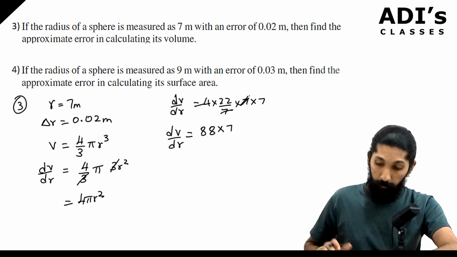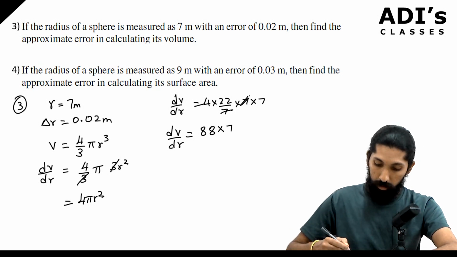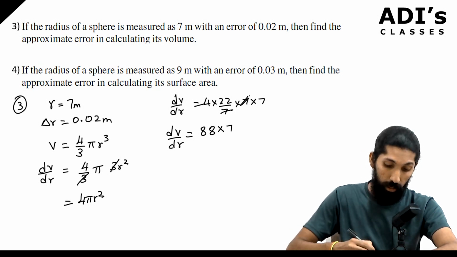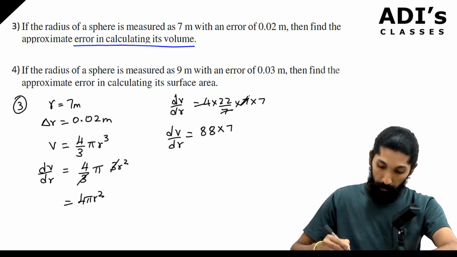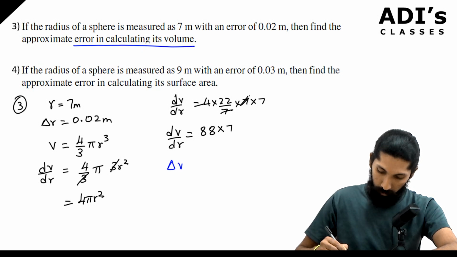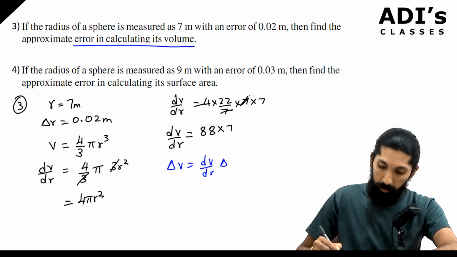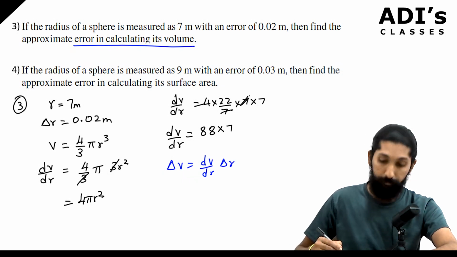Now what do we need? We are trying to calculate the change, or you can say error in calculating the volume. Right? That's delta v is equal to dv by dr into delta r. Right?